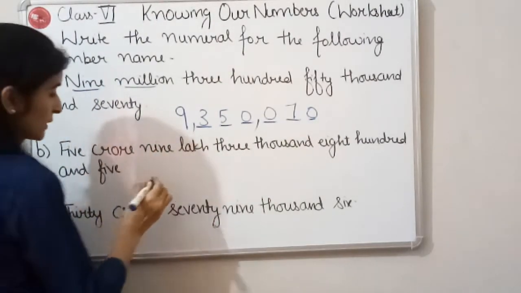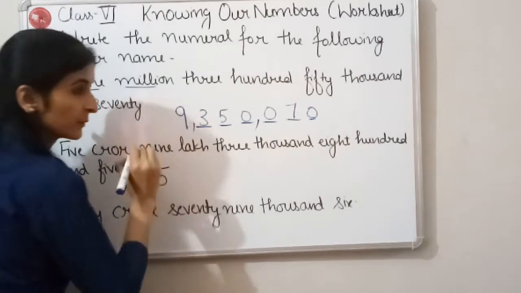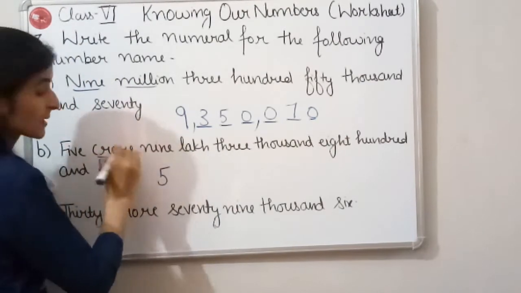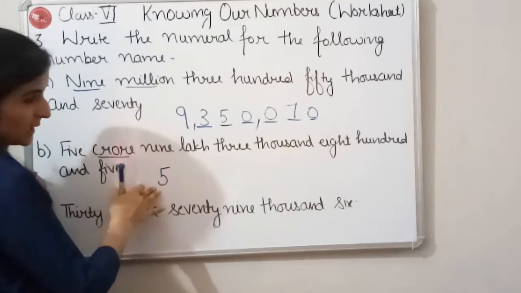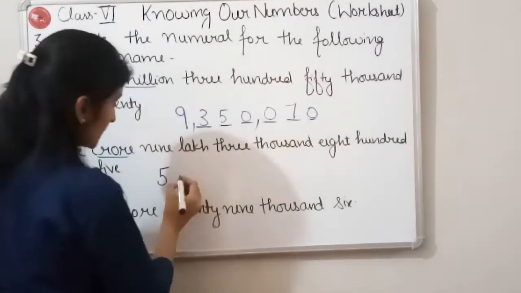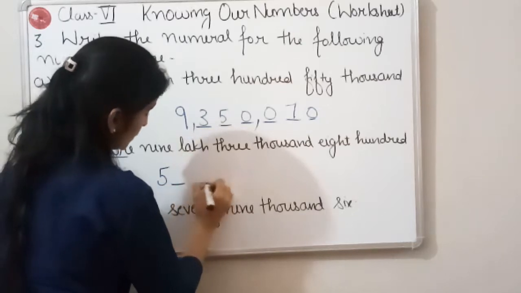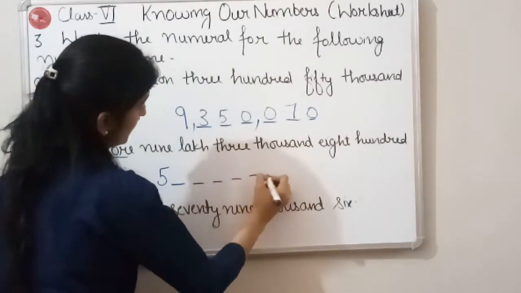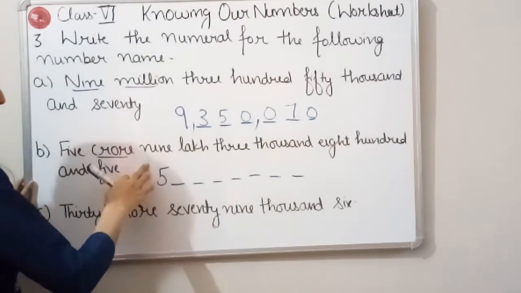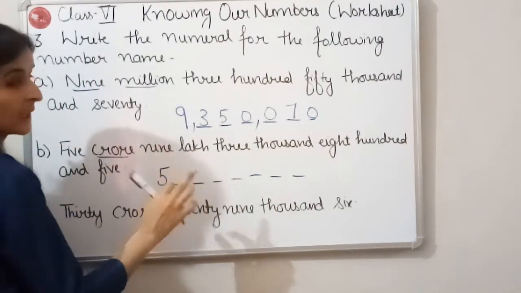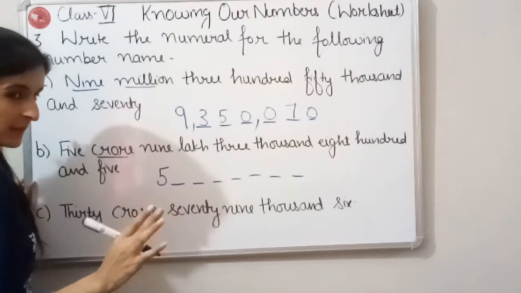5 crore. So firstly I am going to write 5. Now here it's crore. Crore means 7 zeros. It means after 5 there will be 7 more digits: 1, 2, 3, 4, 5, 6, 7. Now there is 9 lakh. It means in lakh there are 5 zeros.